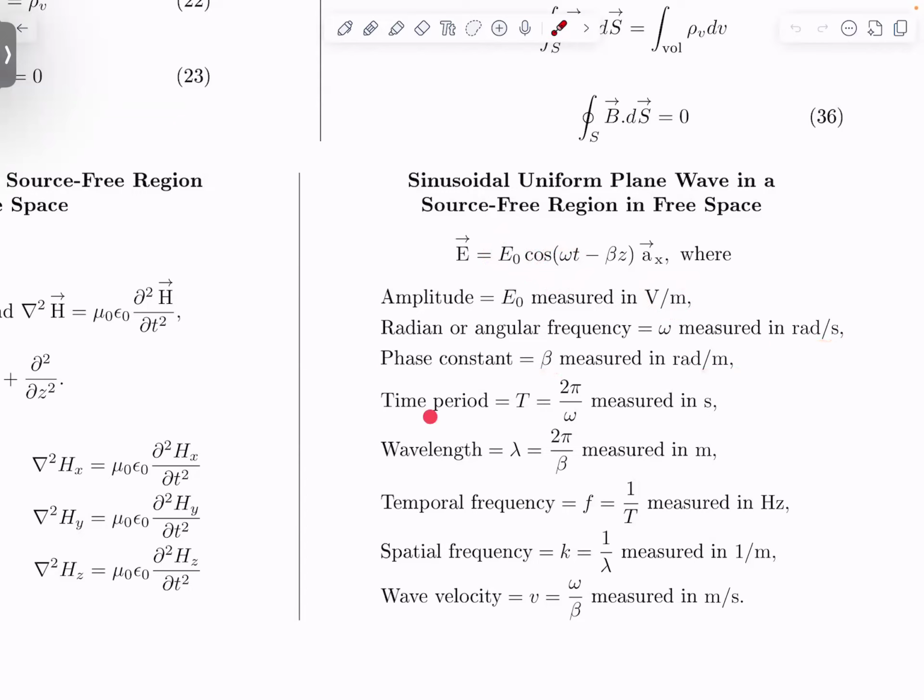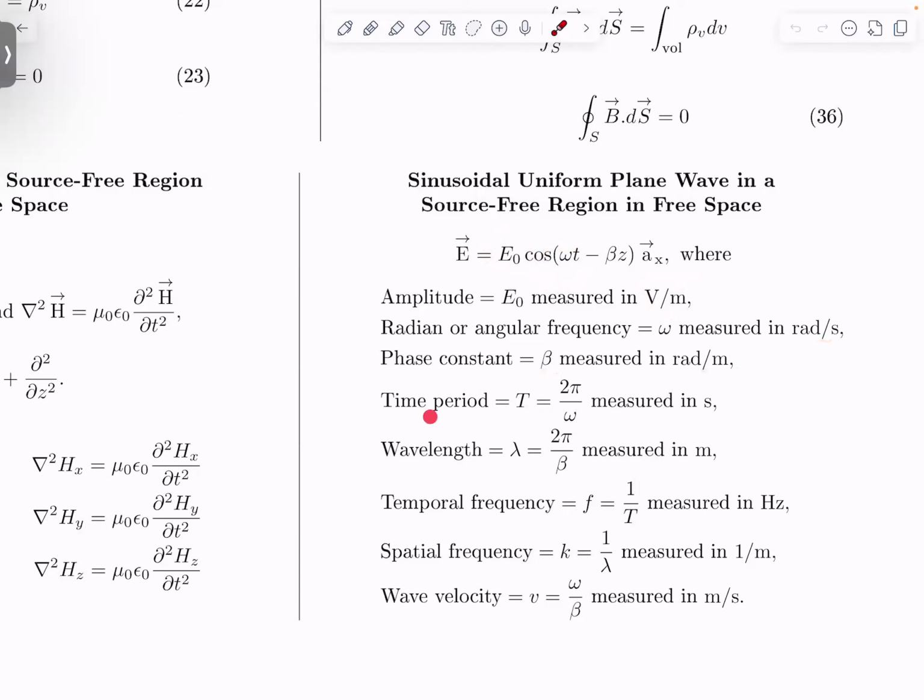So what does that term do? If we plot just this part as a function of z, this is an exponential decay, like that. And if we plot this cosine, this is a sinusoidal waveform with a constant amplitude.